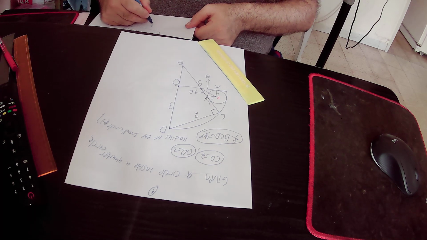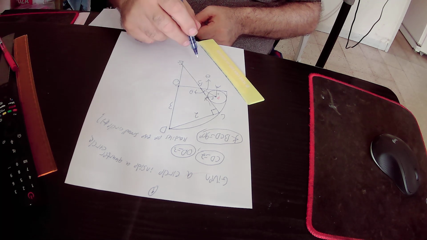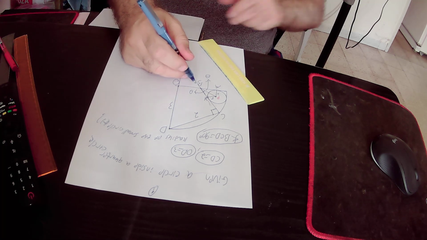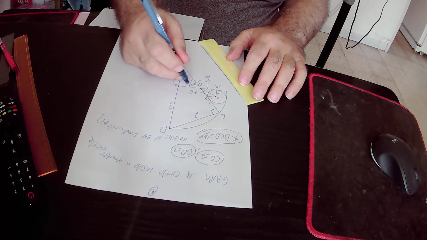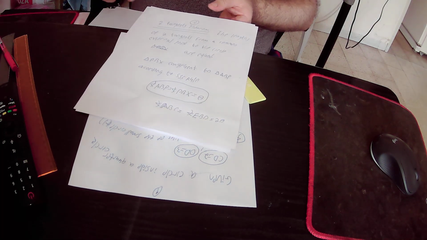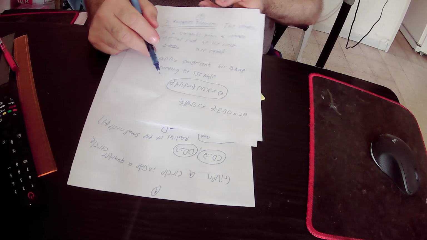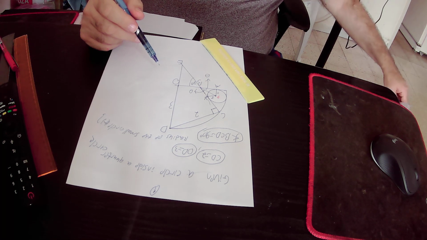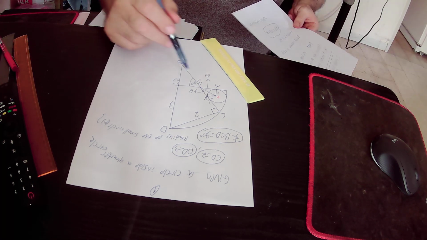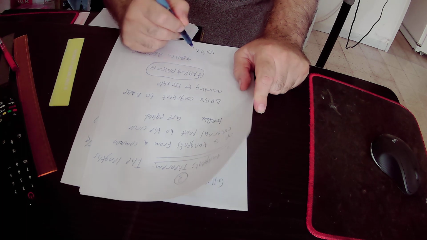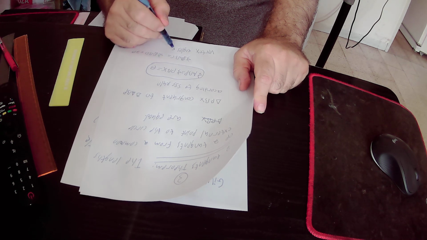Angle ABC is equal to angle EBD, and both those two angles are equal to 2 theta, according to the rule that vertical angles are equal to each other.